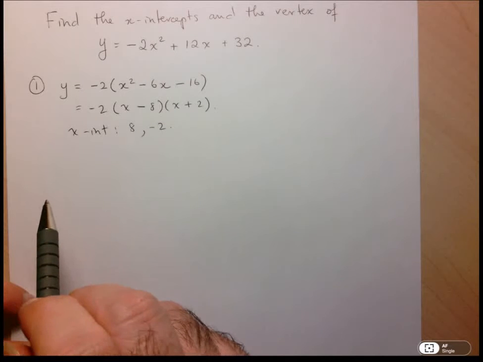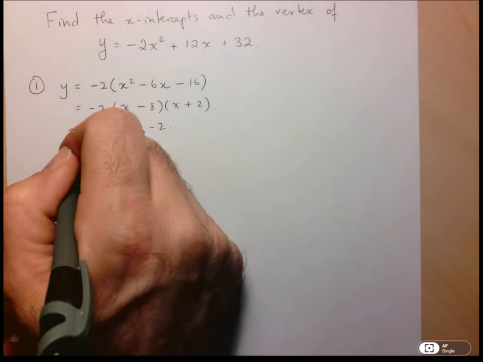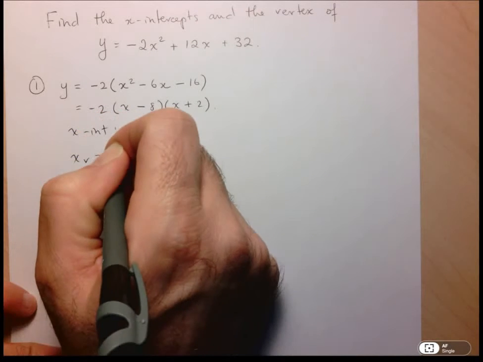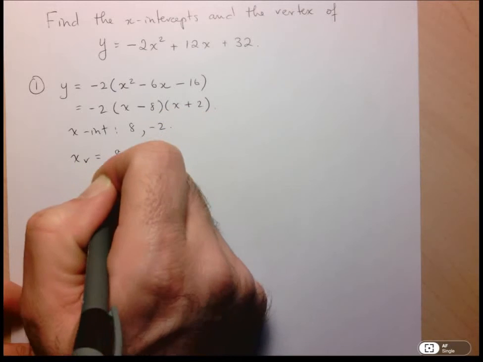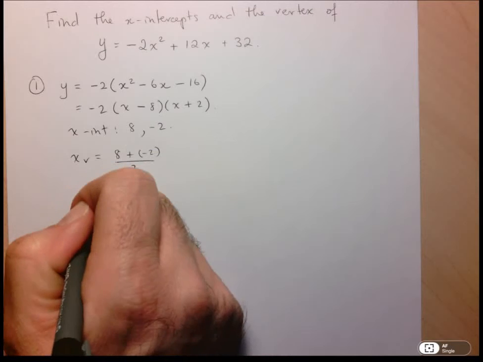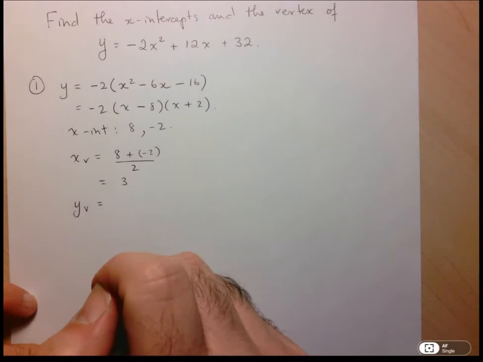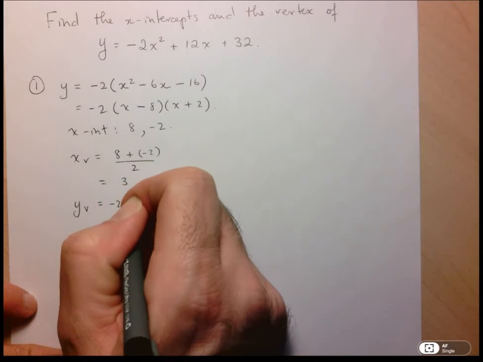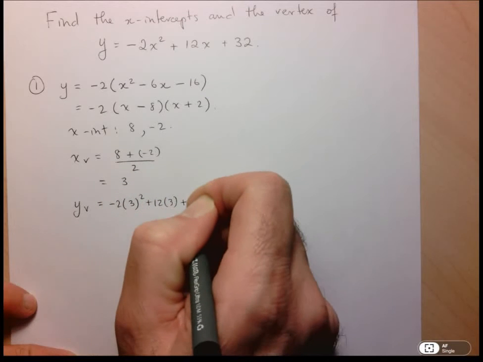And now we can find the vertex by first averaging out the x-intercepts. So 8 plus negative 2 divided by 2. 8 minus 2 is 6, divided by 2 is 3. And then the y value of the vertex, we can just plug into the equation. So negative 2 times 3 squared plus 12 times 3 plus 32.